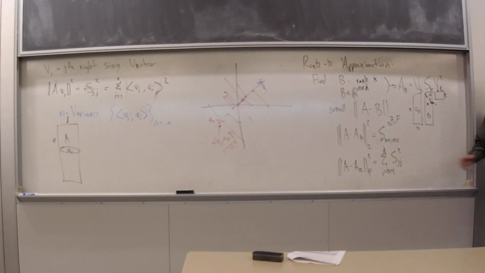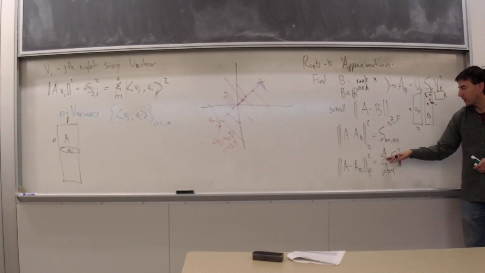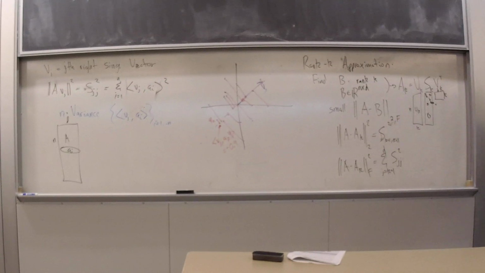So it's the sum of all the leftover squared singular values from k plus 1 up to d. If I don't want to square them, I take the square root of either of these.